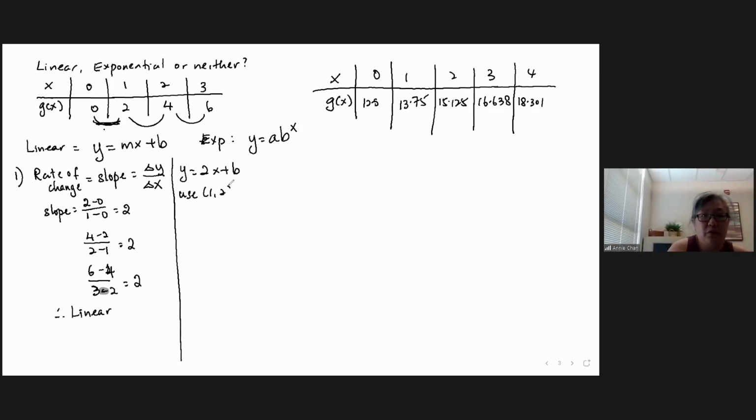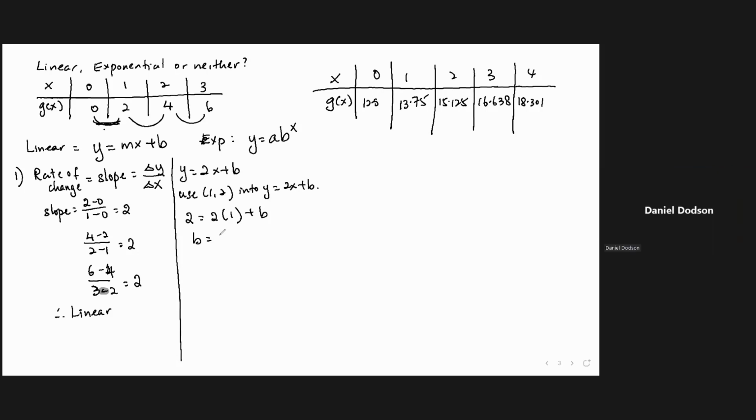Use 1 and 2. So we're going to substitute that into y equals 2x plus b to find b. So y is 2 equals 2 times 1, x is 1, plus b. Therefore, b is 0.